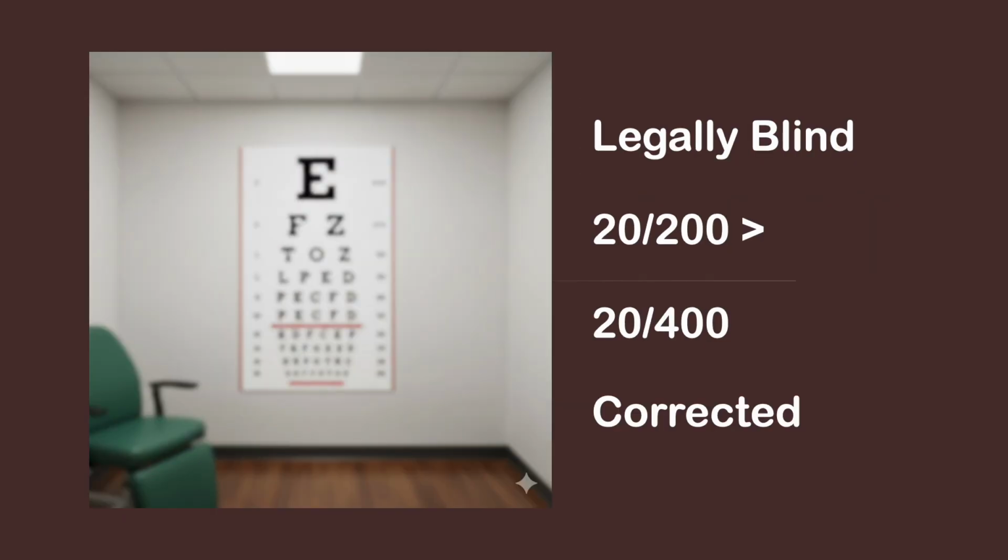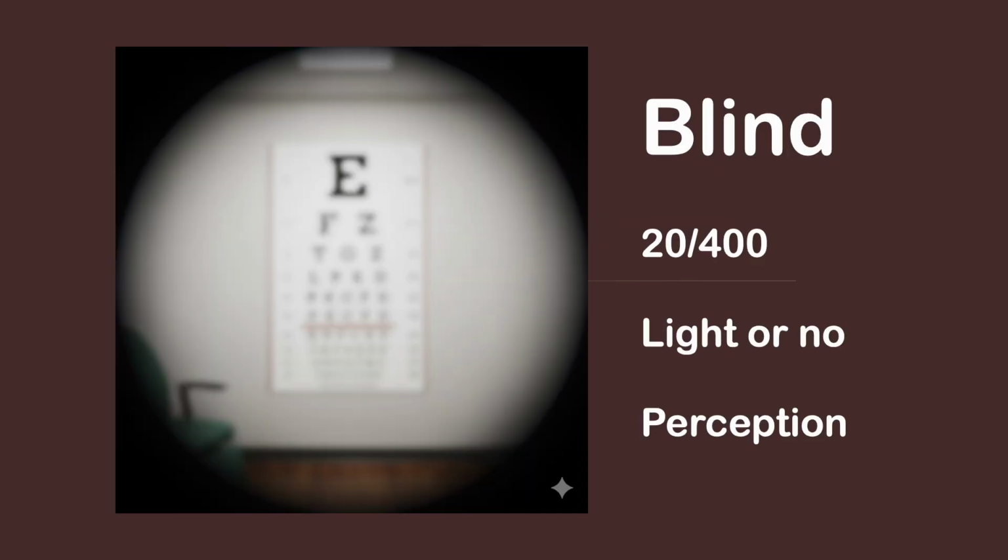A person with the visual acuity of 20/200 but less than 20/400 corrected is considered legally blind. It is at this point that an individual may be eligible for disability benefits. A person is classified as blind if the visual acuity is equal to or greater than 20/400, has only light perception, or has no light perception.